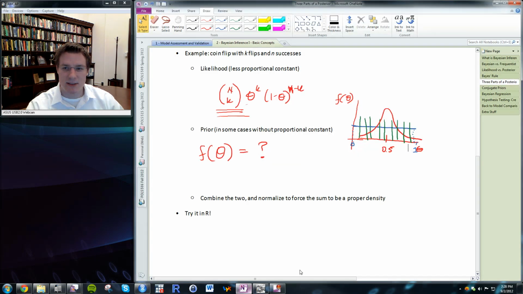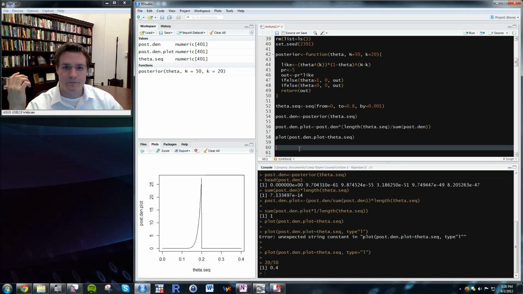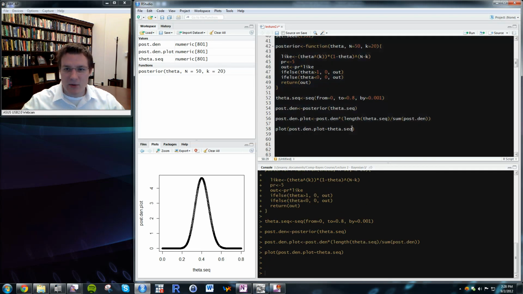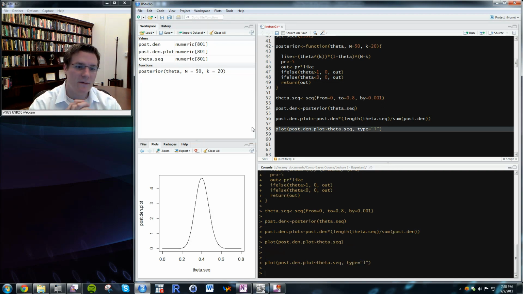So going back to the notes, I've drawn this flat blue line and said I'm completely ignorant about what theta is going to be before having conducted this study. If I rerun all this, and I can obviously do better with type equals line, and plot this out, here's my posterior density for theta after having conducted the study. You can see it's centered on 0.4, which is what I would have gotten if I just divided the number of successes or heads by the total number of trials, 50.